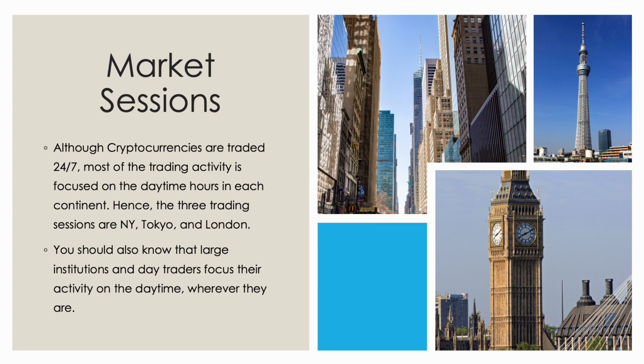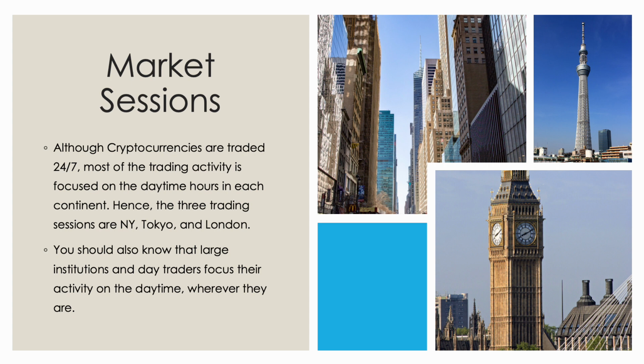Now, cryptocurrencies are traded 24/7. However, most of the trading activity is focused on the daytime hours in each continent. Hence, the three trading sessions: New York, Tokyo, and London.